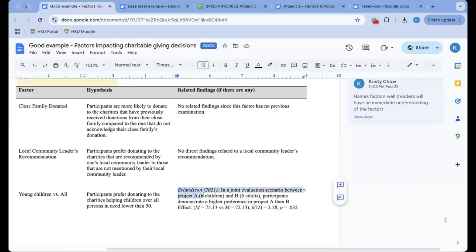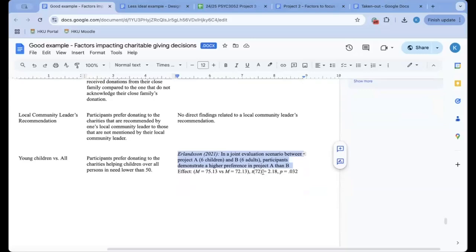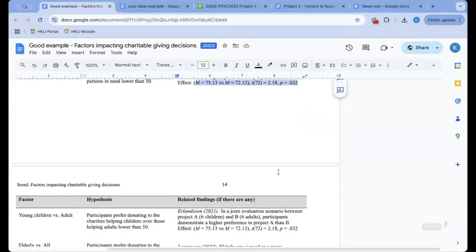And inside the related findings, they state clearly what the direction of the effect is and provide the stats to support the findings, which includes the mean and the t-score in this case, and the p-values.